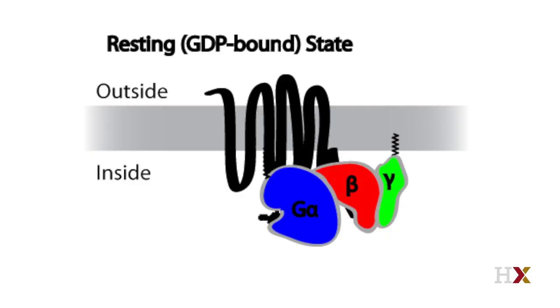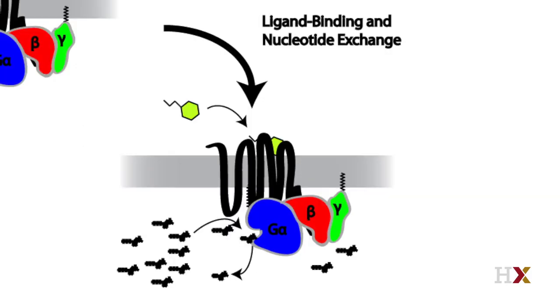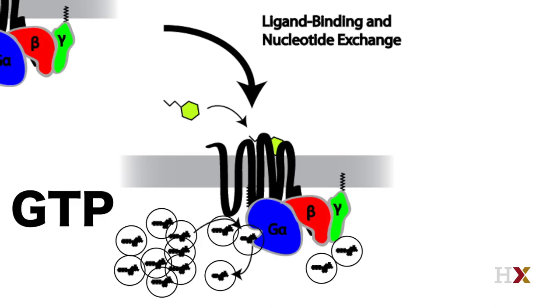The G-protein coupled receptor gets its name from what happens inside the cell. The intracellular domain of the GPCR binds a set of 3 proteins, labeled alpha, beta, and gamma. Together, these are the G proteins, so named because they bind the molecule guanosine triphosphate, or GTP.